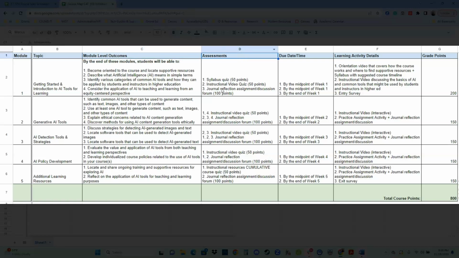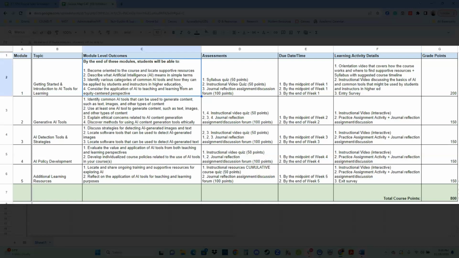So how do we know that they can do the things that are written in these outcomes? We'll assess the students. And then we have our learning activity details. All the rest of the stuff on here, I'll tell you more about those things in just a minute, but we're really focusing on the outcomes, the assessments, and the learning activity details.